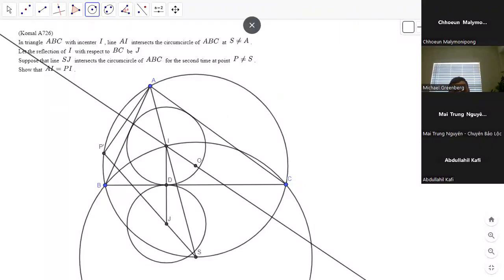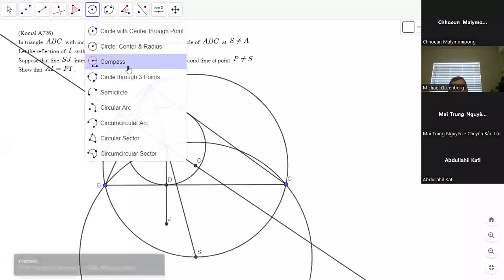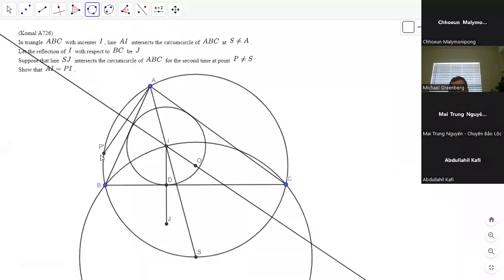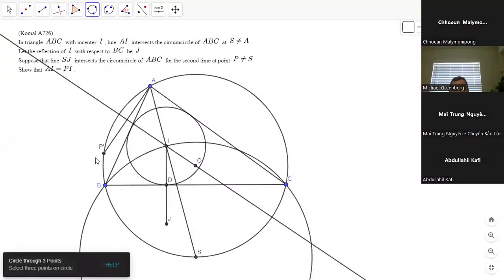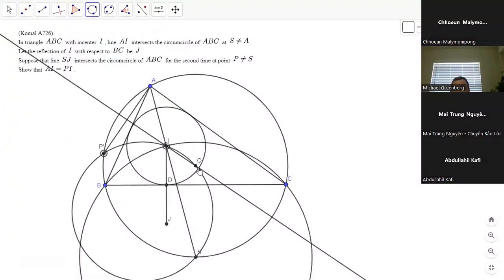IOP prime S. Oh, IOP prime S is cyclic. Sorry, I missed your comment earlier. I knew there was some cyclic quadrilateral. Because IP prime O equals IAO equals ISO. Ah, that's awesome.